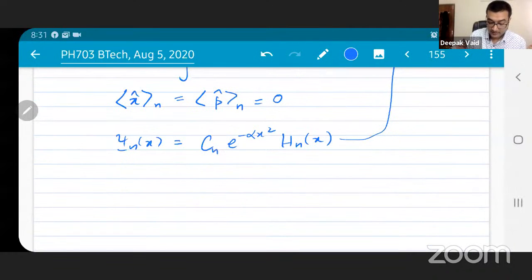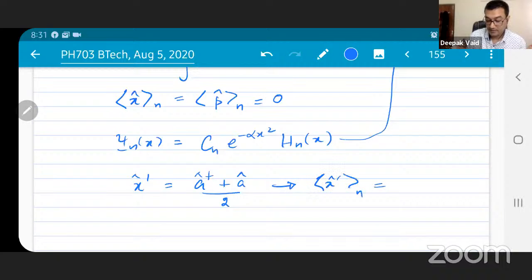On the other hand, one can just use the fact that x prime is a dagger plus a, divided by root 2. If you use this fact, then the expectation value of x in the nth state just becomes the expectation value of this.